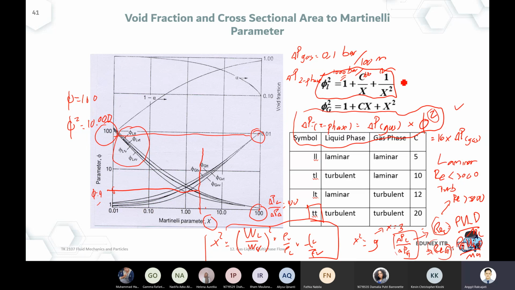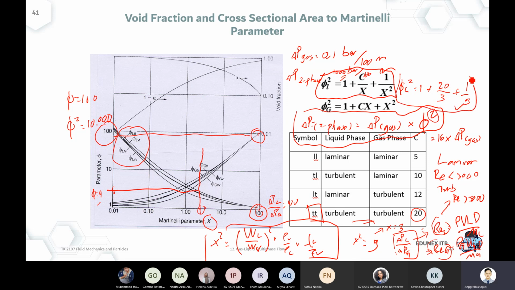Okay, the phi L square is equal to 1 plus C per X plus 1 per X square. For example, previously, if we know that the case is turbulent, then C is 20, right? 20 per X. Previously, I gave you examples of X equal to 3 and another example of 100. So that's 1 plus 20 per 3 plus 1 per 9, for example.